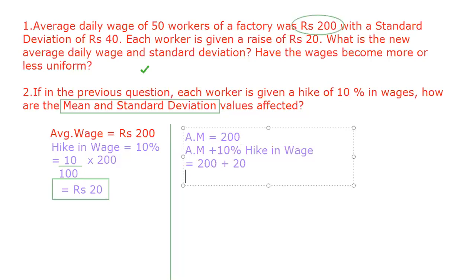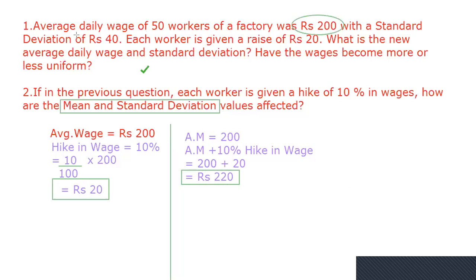So our new arithmetic mean is equal to rupees 220. Got it? Are you all there, guys? Yes, sir.